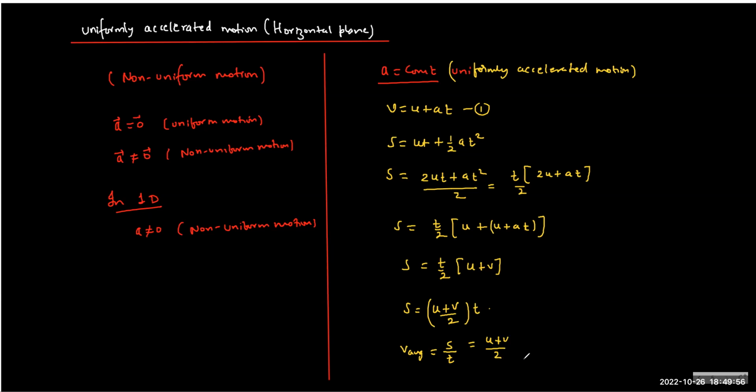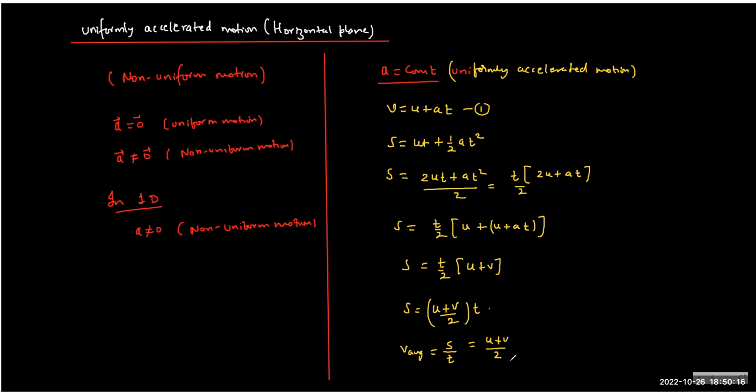And this is very, very important to remember: in case of uniformly accelerated motion, the average speed can also be determined by taking the arithmetic mean of initial velocity and the final velocity.